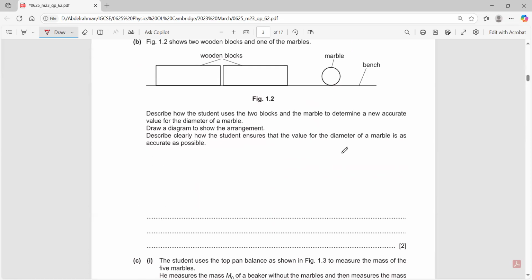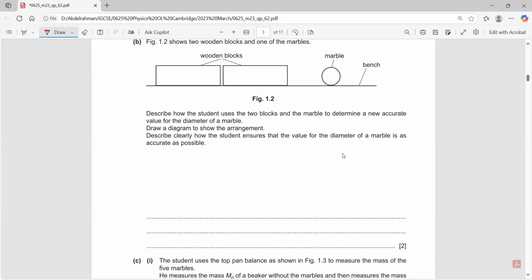Figure 1.2 shows two wooden blocks and one of these marbles. Describe how the student can use the two blocks to determine a new accurate value for the diameter of the marble. How can I find a more accurate value for the marble instead of using 5 marbles? What can I do using these two wooden blocks?